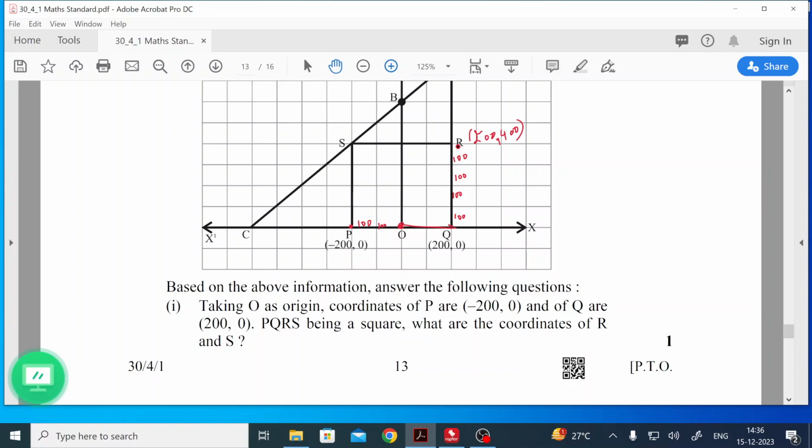R value is 200 comma 400. And here also same thing, same 4 but x value negative and y value positive. That is the first answer. Just they asked to write the coordinates. R coordinate 200 comma 400 and S coordinate minus 200 comma 400. Do you understand how we are finding that?